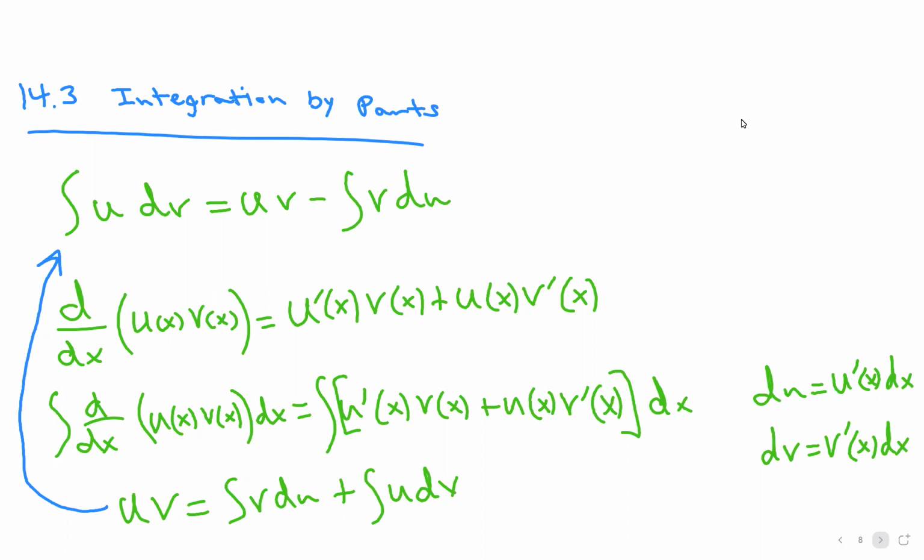And if you use the substitutions that du is equal to u prime of x dx and dv is equal to v prime of x dx, then you would get u times v equals the integral of v du plus the integral of u dv. And so that, if you rearrange it slightly, would give you the exact formula that we have for integration by parts.